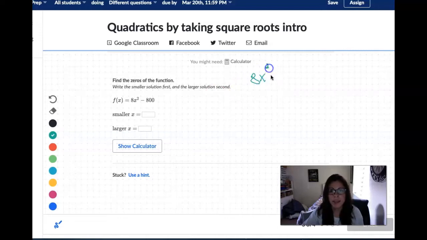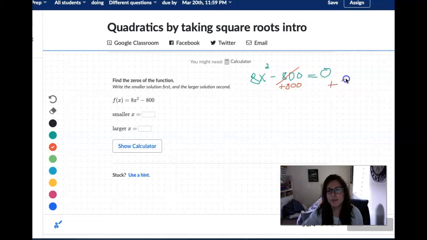It says 8x squared minus 800 equals 0. The idea here is to solve for x and get it by itself. Before we do that, we have to get rid of any addition or subtraction. So I'm going to get rid of the 800 by adding 800 to both sides.